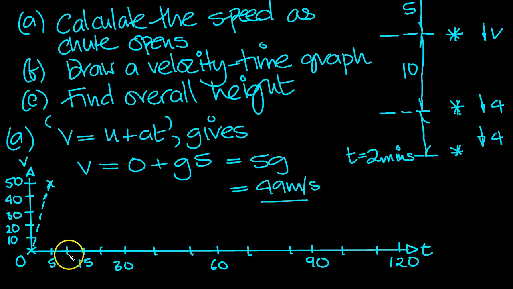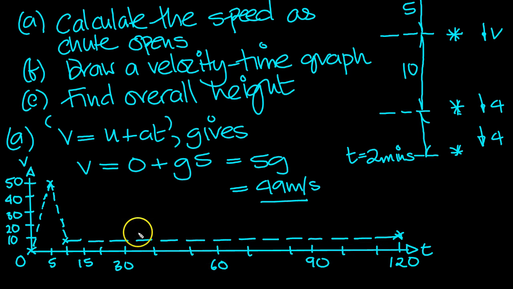Then he has a retardation and he goes down to 4. From here on it's a straight line, because he carries on at 4 all the way through. I'll draw it as a dashed line. So there's our velocity time graph.